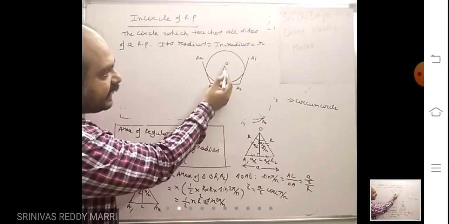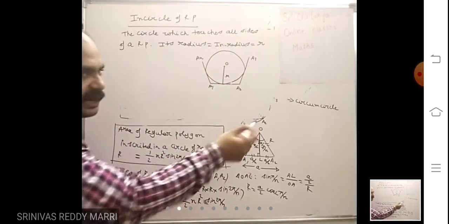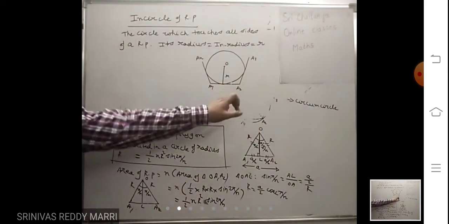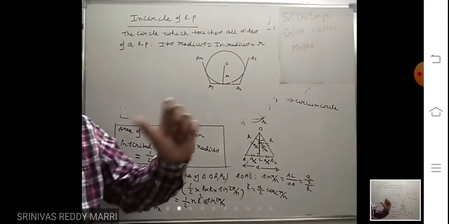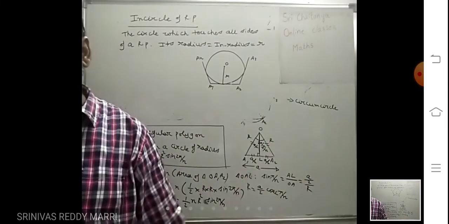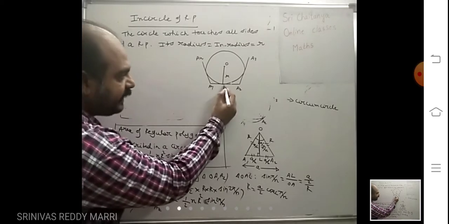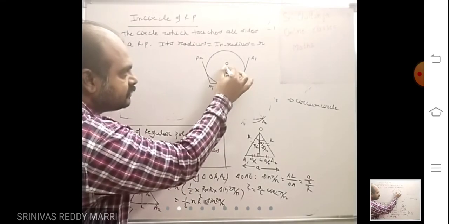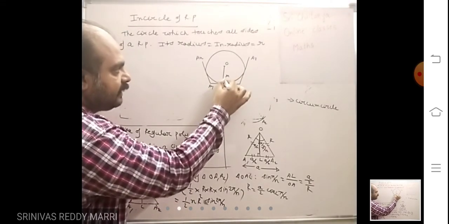Now in this case, OA1, OA2 are not radii because these points are lying outside the circle. What is radius? From center to any point on the circle. Let us say this is D. So this is the radius, right?